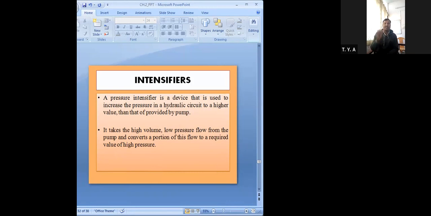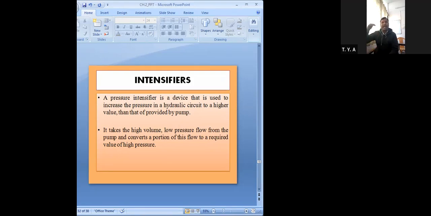This device is used only in the hydraulic circuit, to boost the pressure, which means to increase the pressure of the fluid we get from the pump. For example, suppose the pressurized fluid from the pump has a pressure of 50, in psi, pascal or bar, whichever you consider.